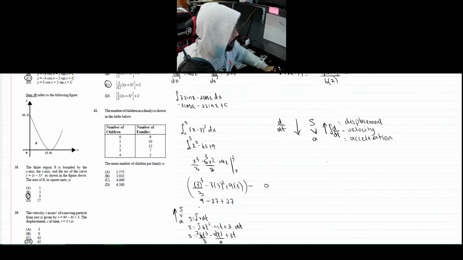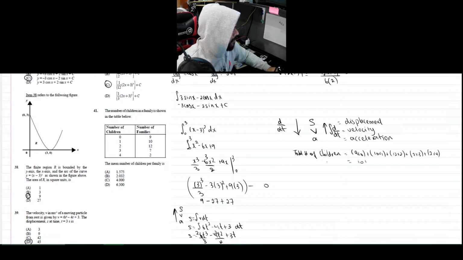So the total number of children is equal to 9 by 0 plus 10 by 1 plus 12 by 2 plus 7 by 3 plus 2 by 4.